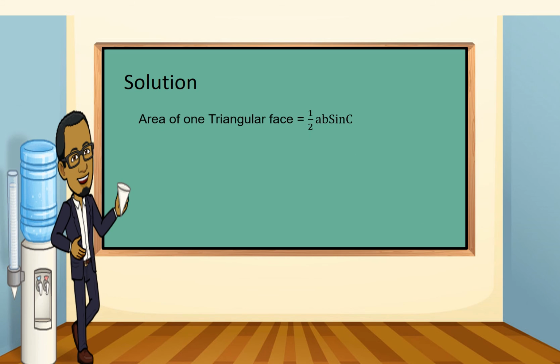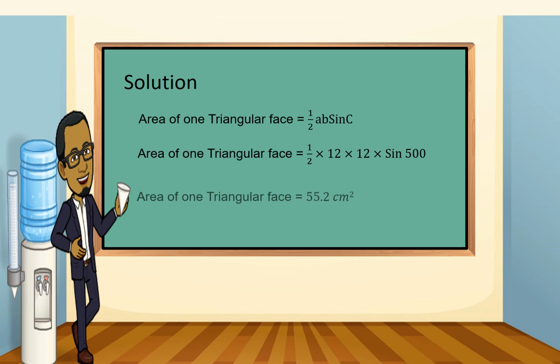Okay, we substituted our values into the formula half AB sine C and found that the area is 52.2 squared centimeters.